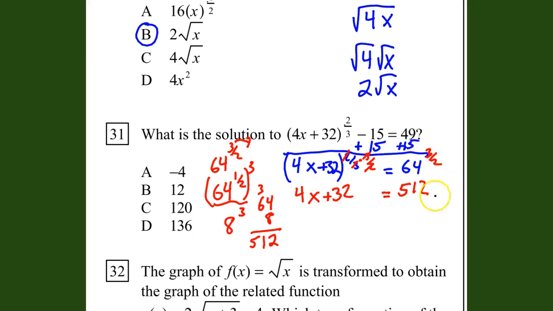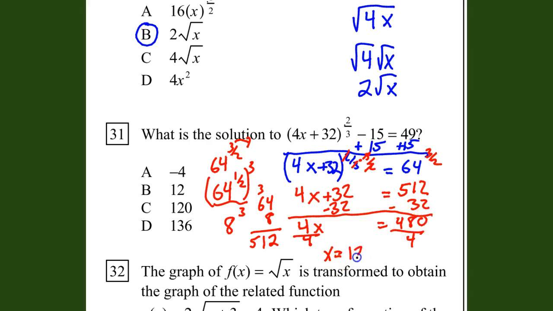And now this is just a linear equation we can solve how we normally do, by subtracting and dividing. So subtract 32 on both sides. 4x equals 512 minus 32, which I believe is 480, and then divide by 4. 48 divided by 4 is 12, so 480 divided by 4 would be 120.